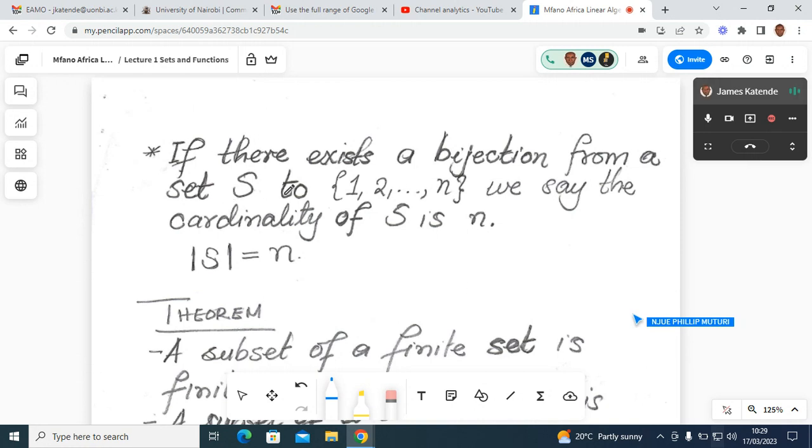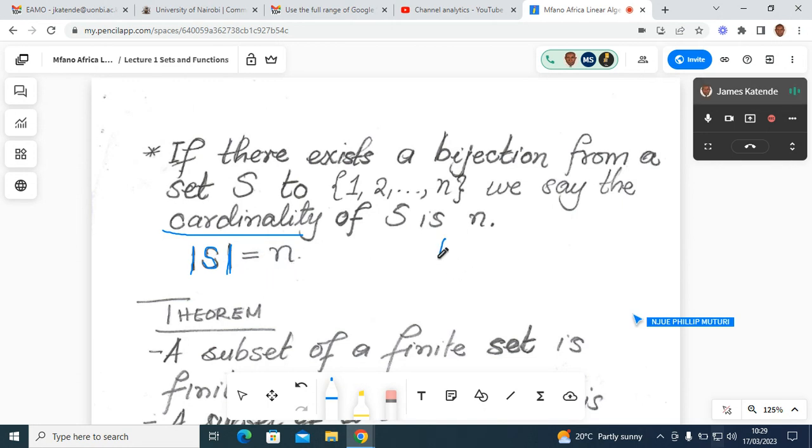So if you have a finite set, the number of elements in that set is called the cardinality of the set. And we shall denote that by putting two straight lines around the set. So these two straight lines mean the number of elements in the set.